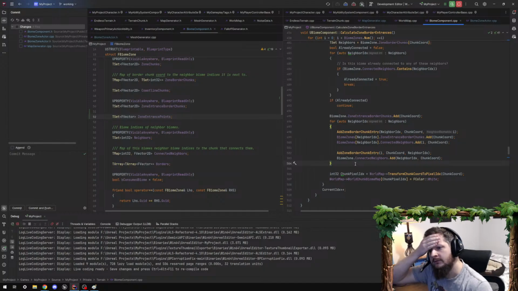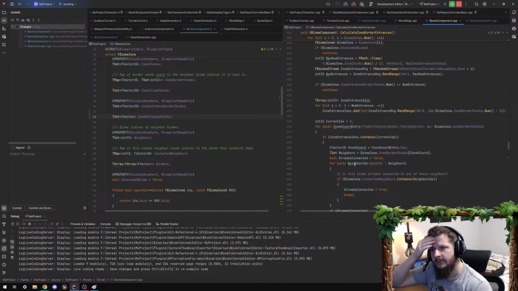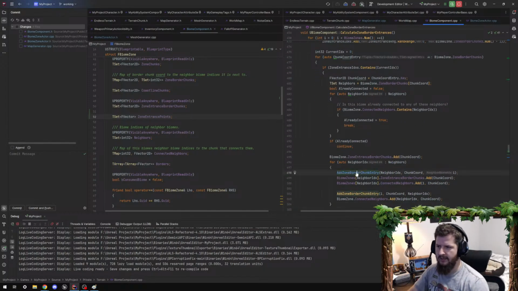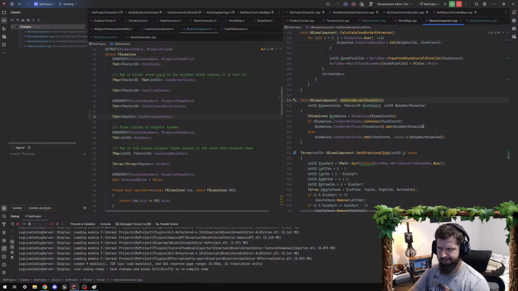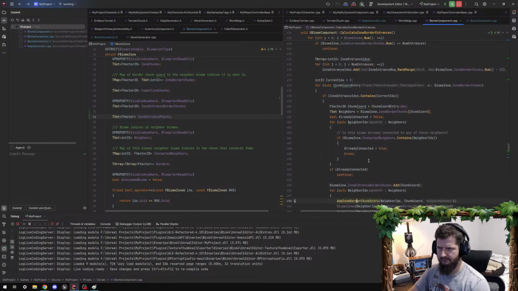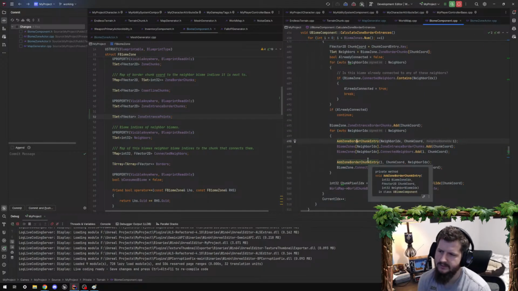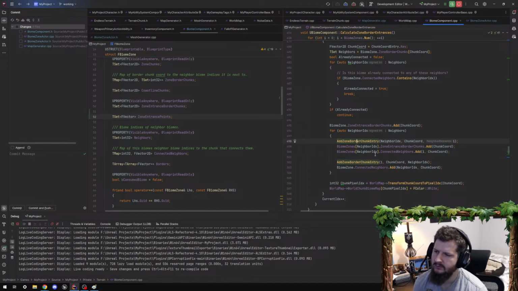And add zone border chunk entry. I'm calculating zone border entrances, but I'm adding a zone border chunk entry? Why am I doing that? That doesn't make sense to me. It did at one point, though.